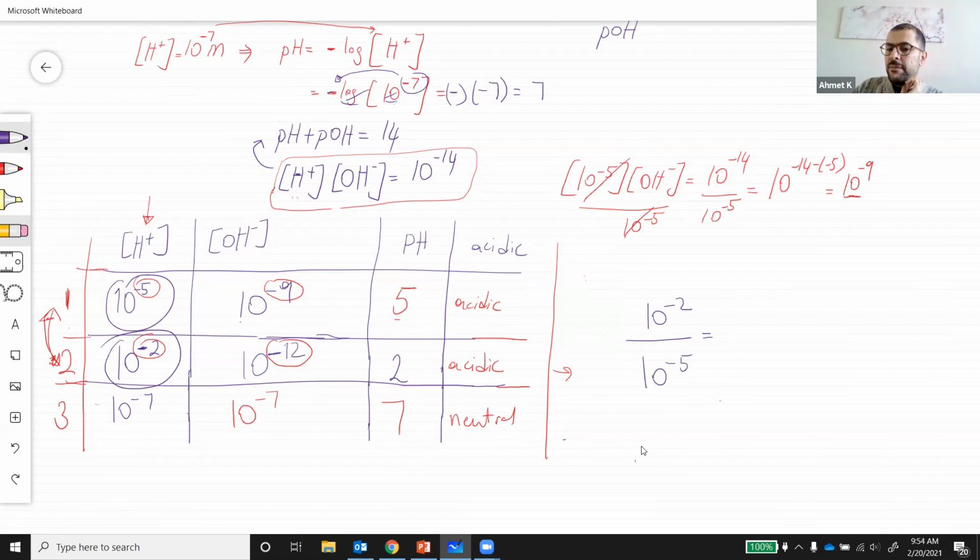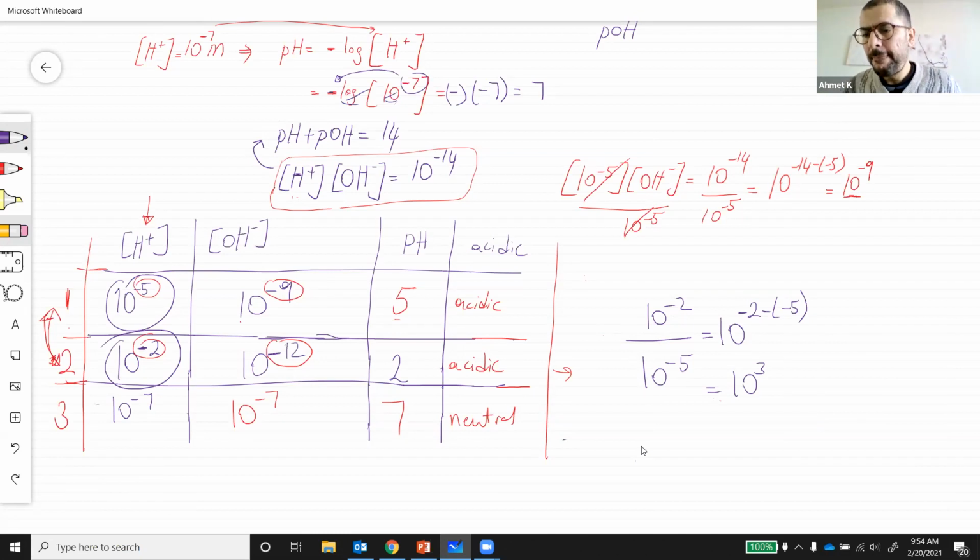If you divide this up, the same rule applies: if the base is the same, we can subtract the exponents. And so you're going to get 10 to the third power. So the second solution is 1,000 times stronger, and 1,000 times more acidic than the first one.